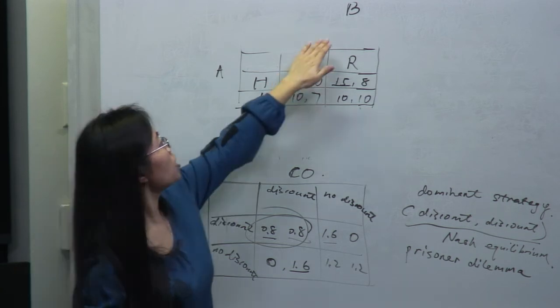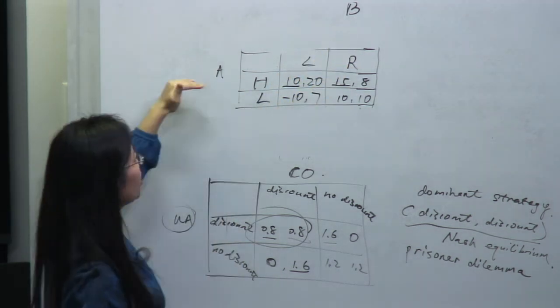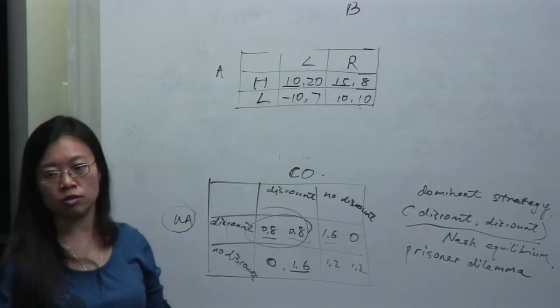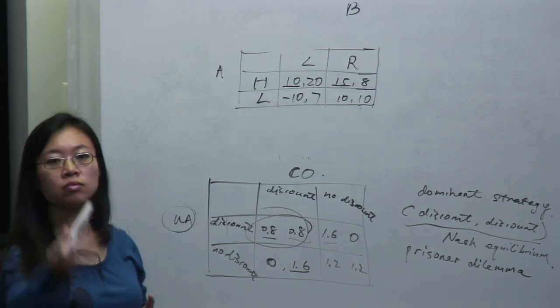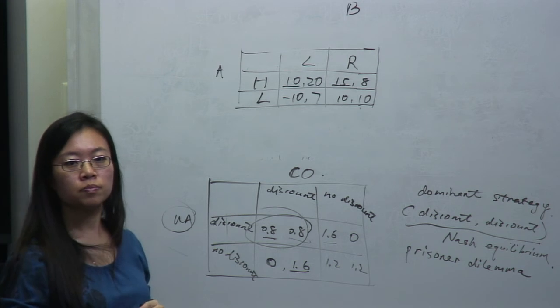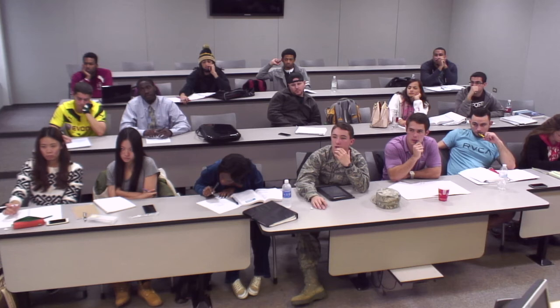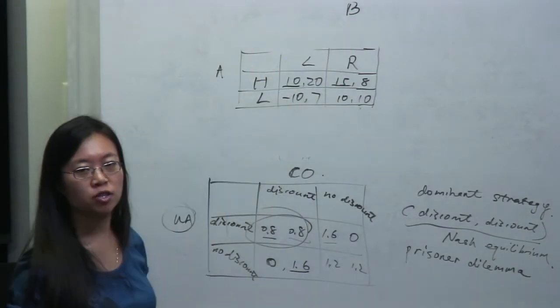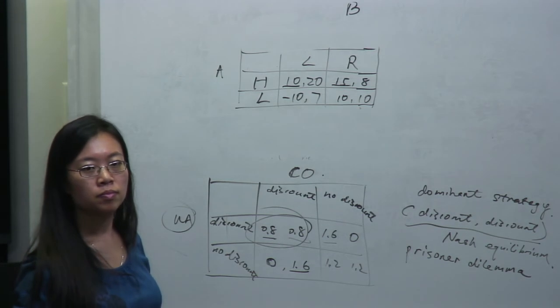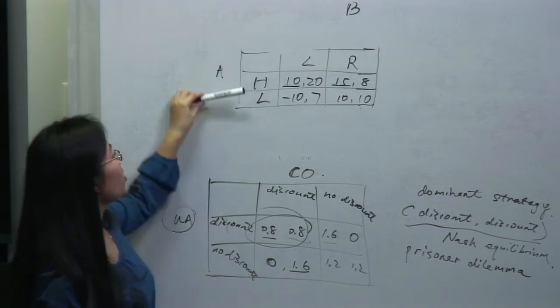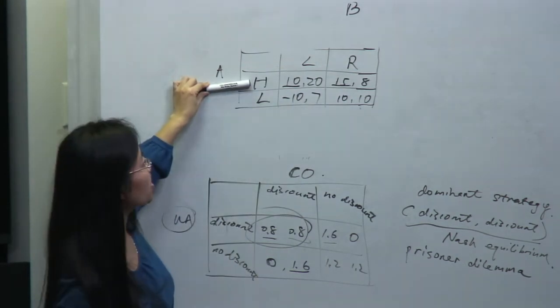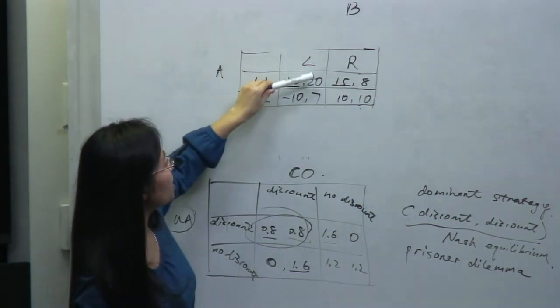But now we're trying to figure out B's strategy, so we have to fix A. When A chooses H, what's the best thing for B to do? Now we're looking at a row here. By playing L, B gets 20.